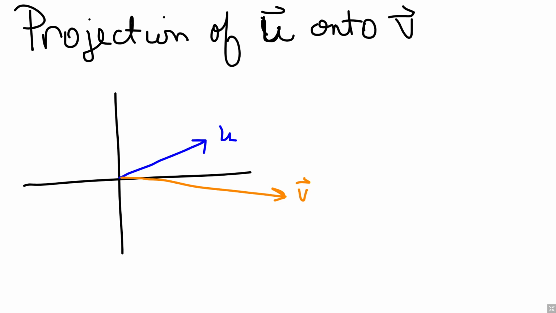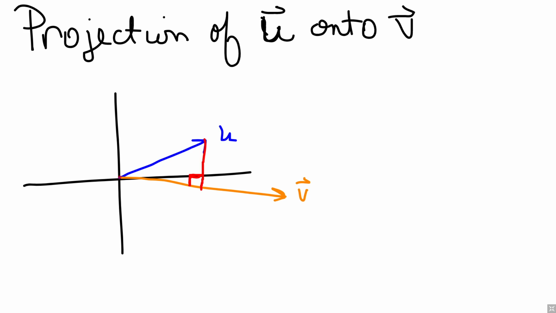Okay, so the whole idea of the projection is that I'm going to take this vector and push it down onto this vector. Now, when it does this, this is actually a perpendicular set.